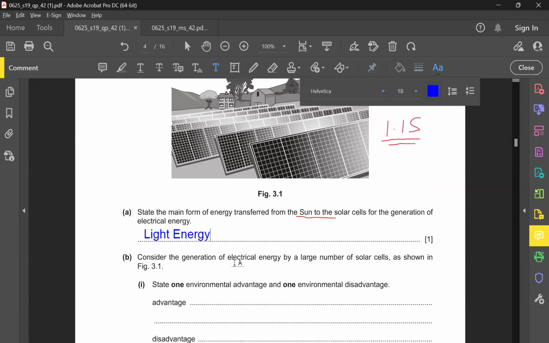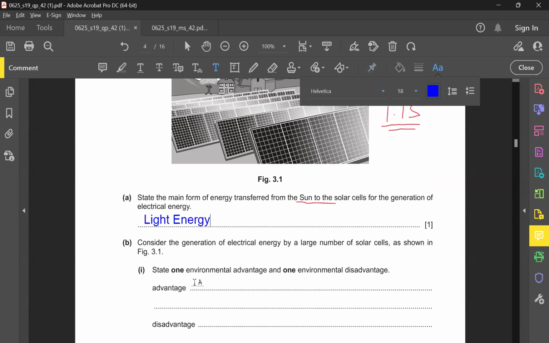State one environmental advantage and disadvantage of using solar cells. Environmental advantage is definitely no greenhouse gases. Renewable, can. Disadvantage is high initial cost, hard to maintain, takes up a lot of space, and so on.